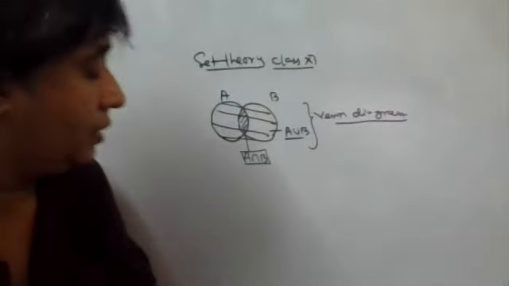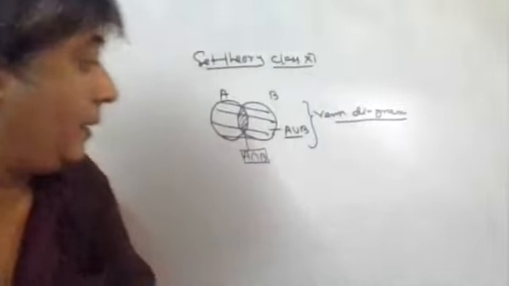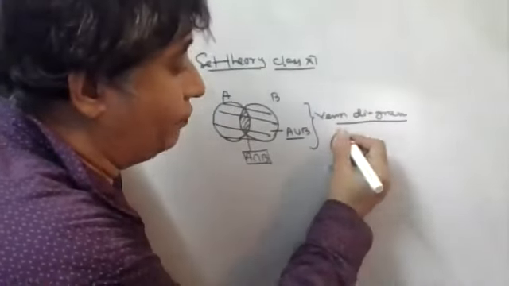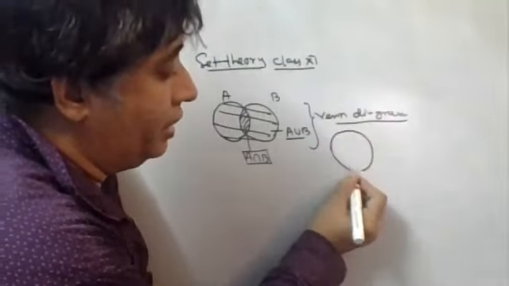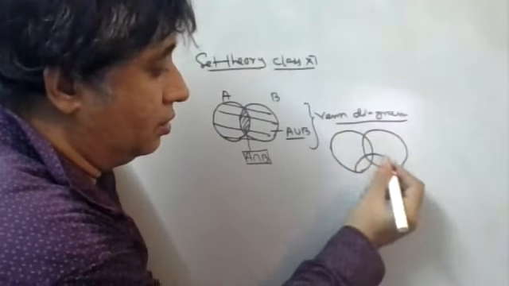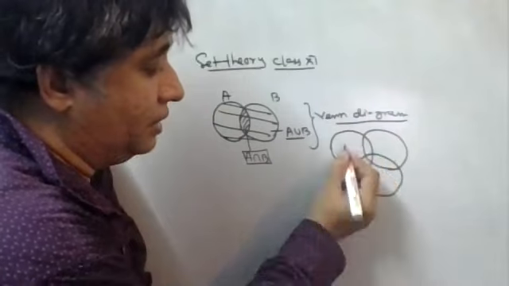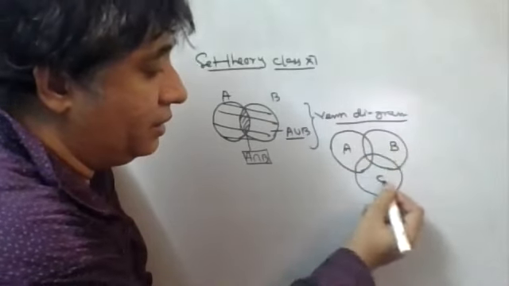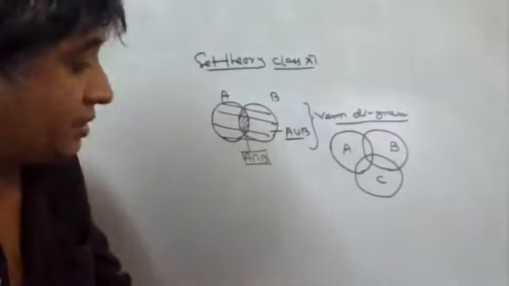Okay, hope you understood. In case of three sets, if three sets are partially overlapping each other, this is A, this is B, this is C, three sets.